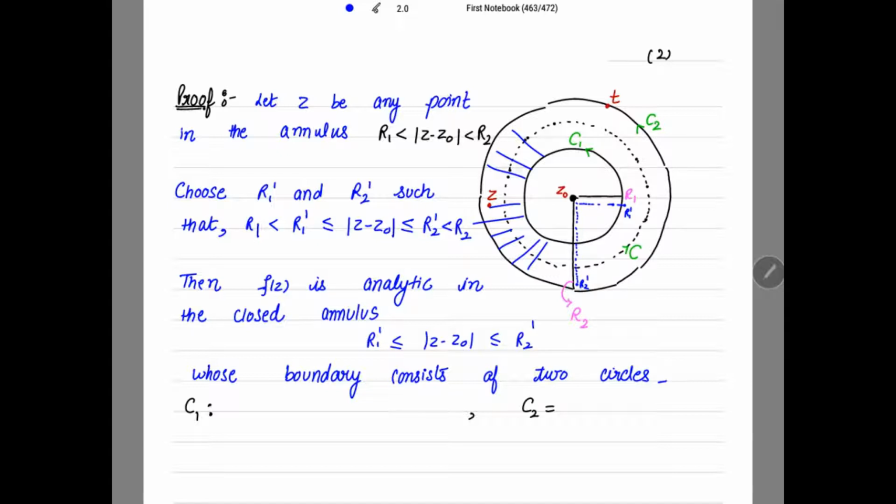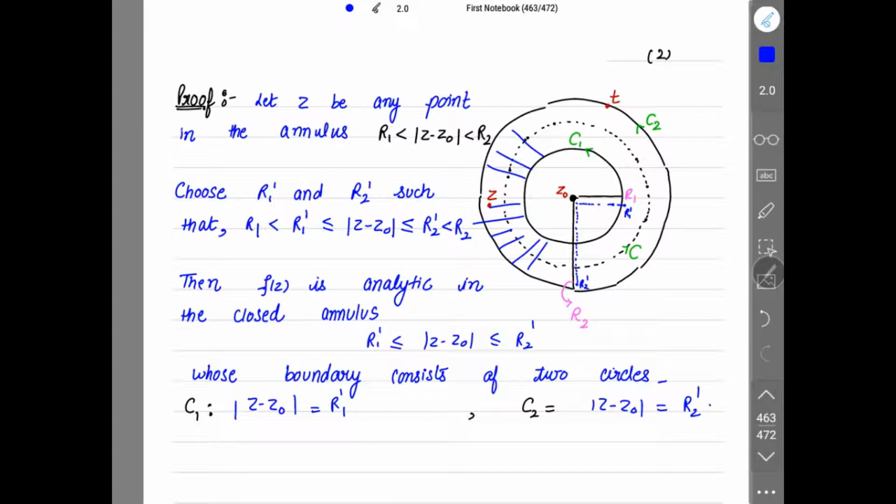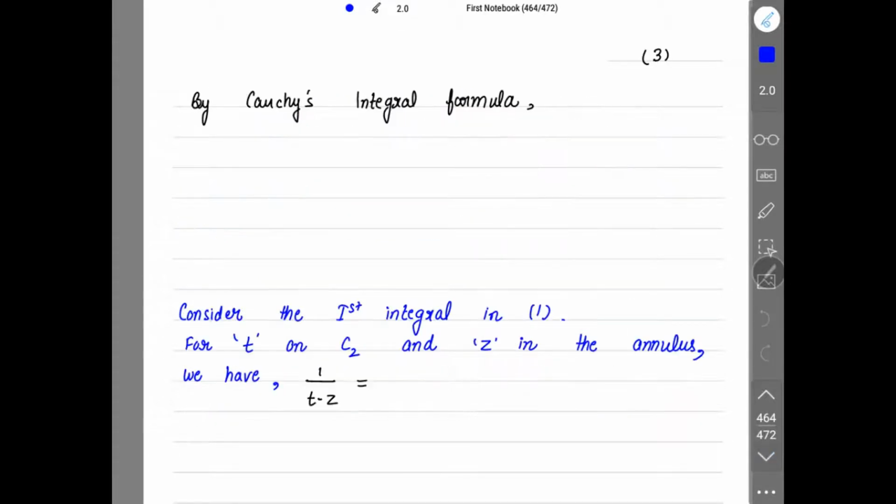So now I am having a closed region whose boundary consists of two circles: C1, which is |z minus z0| equal to r1 dash, and C2, |z minus z0| equal to r2 dash, right? So this is a description of the annulus.